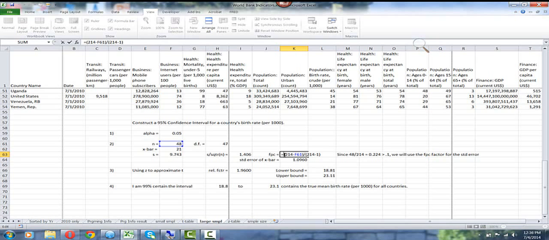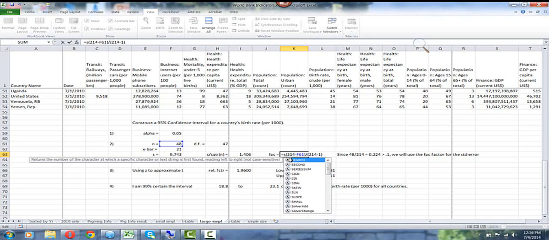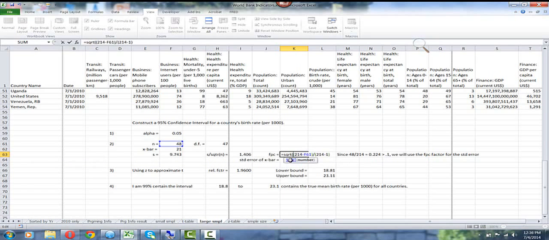And I made a mistake here, so we're just going to do that on the fly. So it's going to reduce the standard error by a factor of 0.88. So our standard error becomes 1.2415.